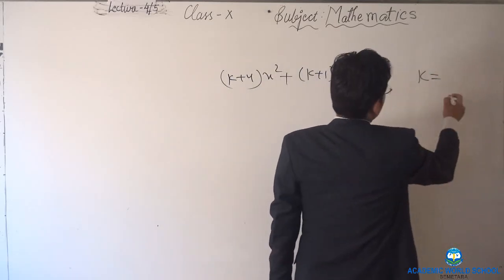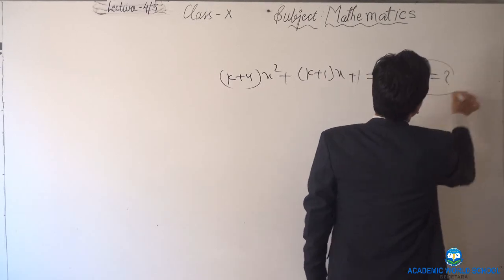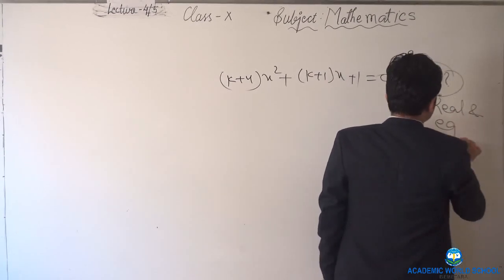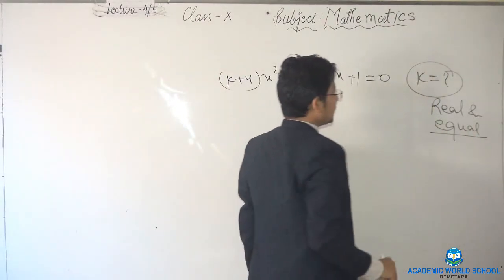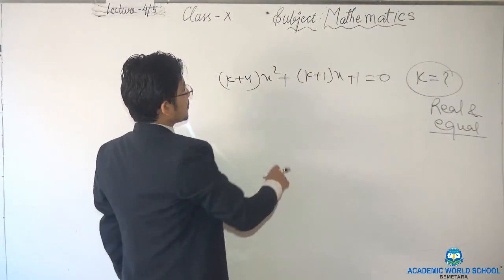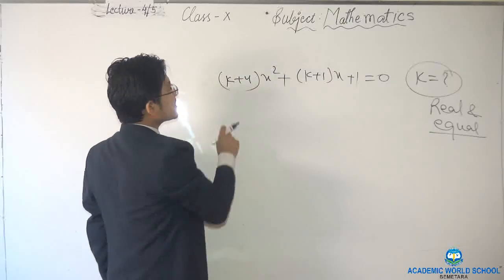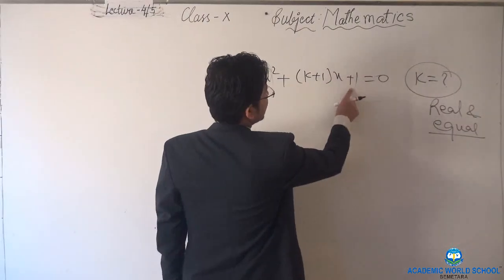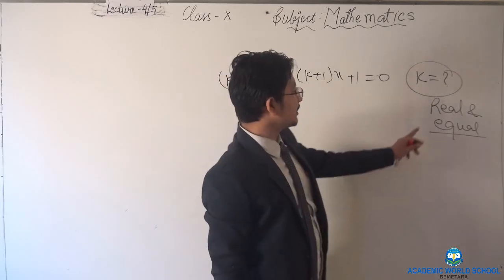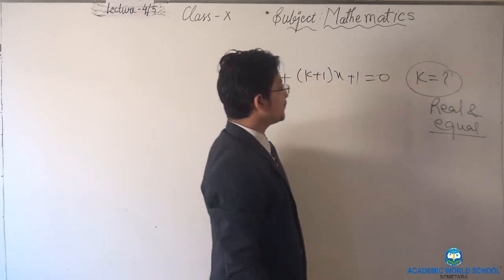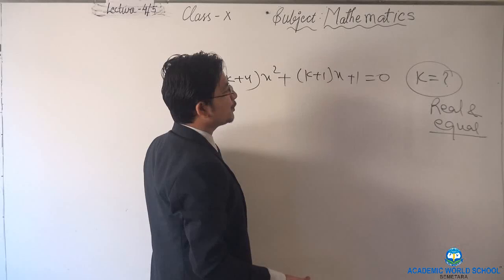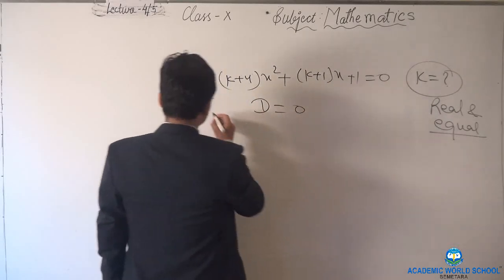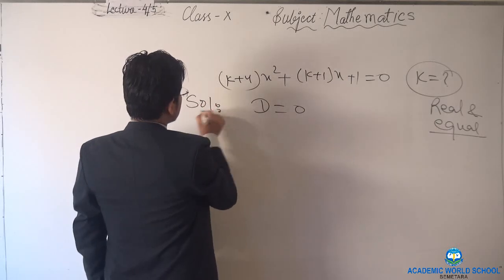For what value of k does it have real and equal roots? So this is k plus 4 x square, k plus 1 into x plus 1 is equal to 0. So for real and equal roots, again the situation is the same only. D is equal to 0.